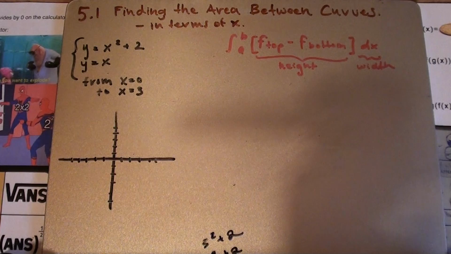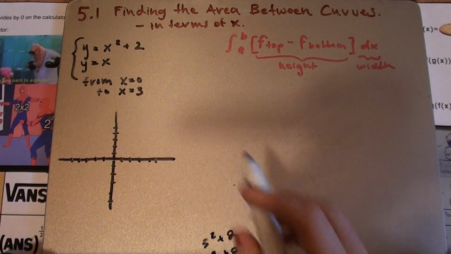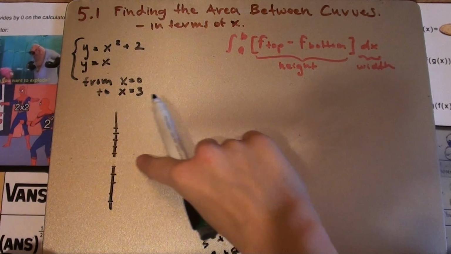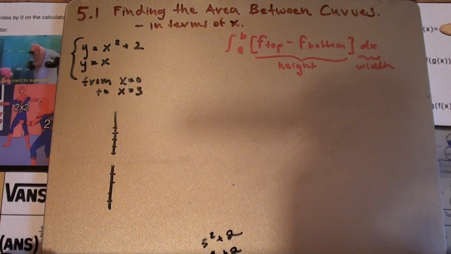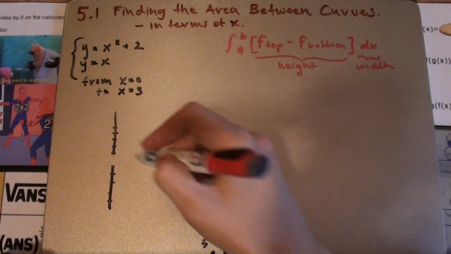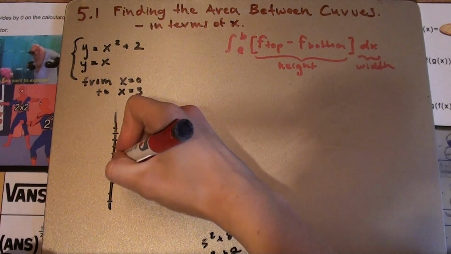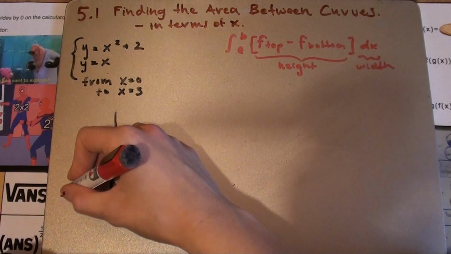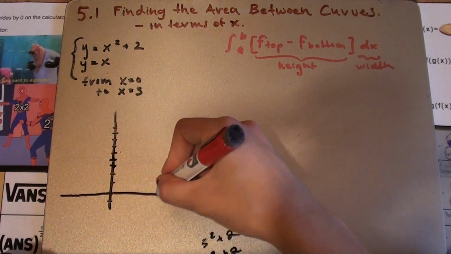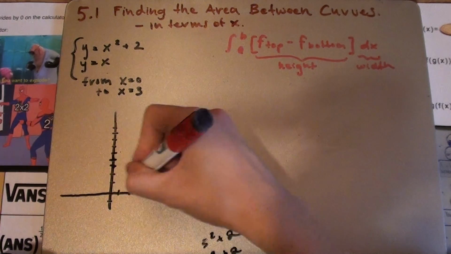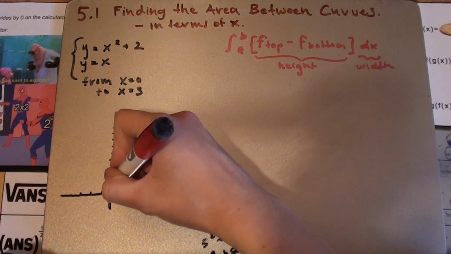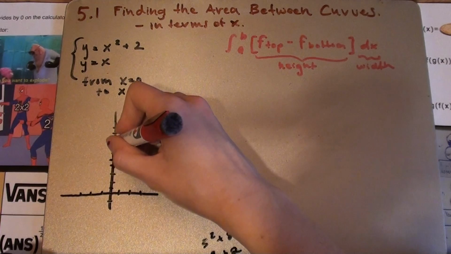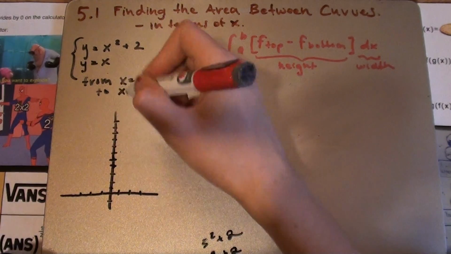So I'm going to redraw our work that we had over here. I'm going to make this a little bit longer though, because we're not going to be able to squeeze it all in. So let me fix this real quick, friends, and then we can get on that. So let's call this our x-axis. We're now going to 1, 2, 3. And here we have 1, 2, 3, 4, 5, 6, 7, 8, 9, 10, and 11.